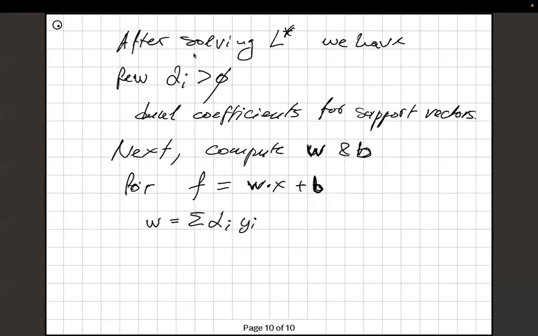W equals the sum of alpha i y i x i, where i goes from 1 to n, the number of samples.